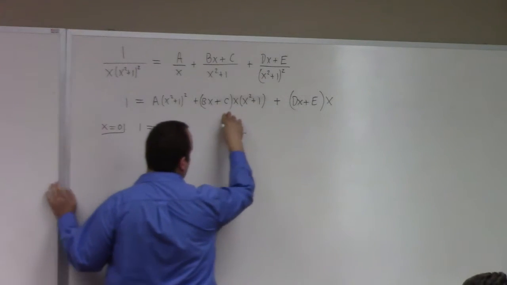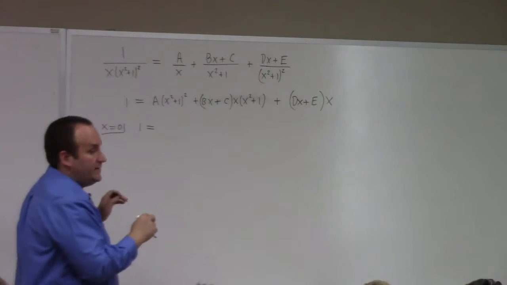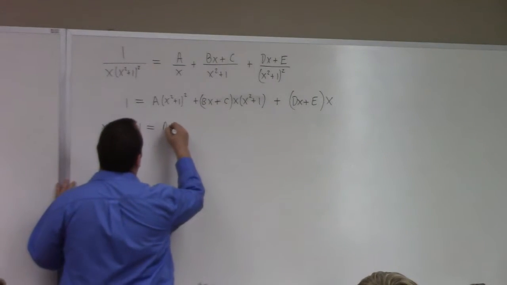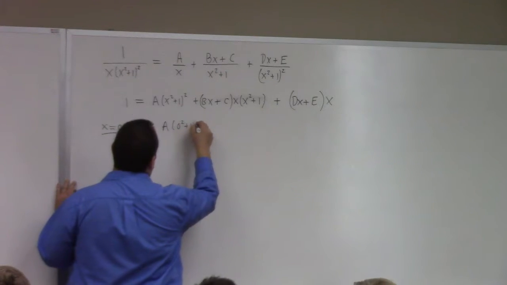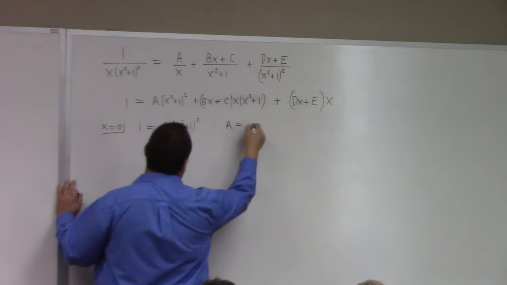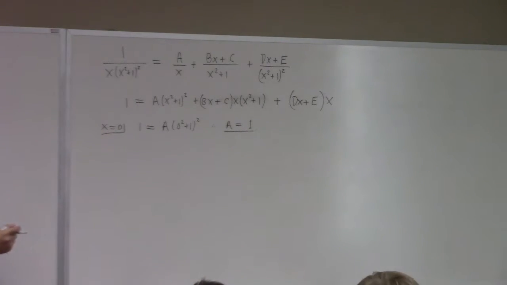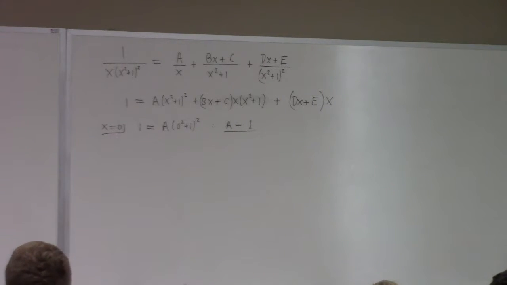This is gone, and that's gone, because there's multiplication by 0 in both of those. It tells me A times (0 squared plus 1) quantity squared. So A is equal to 1. All right, 20% of the algebra is done. Woohoo!